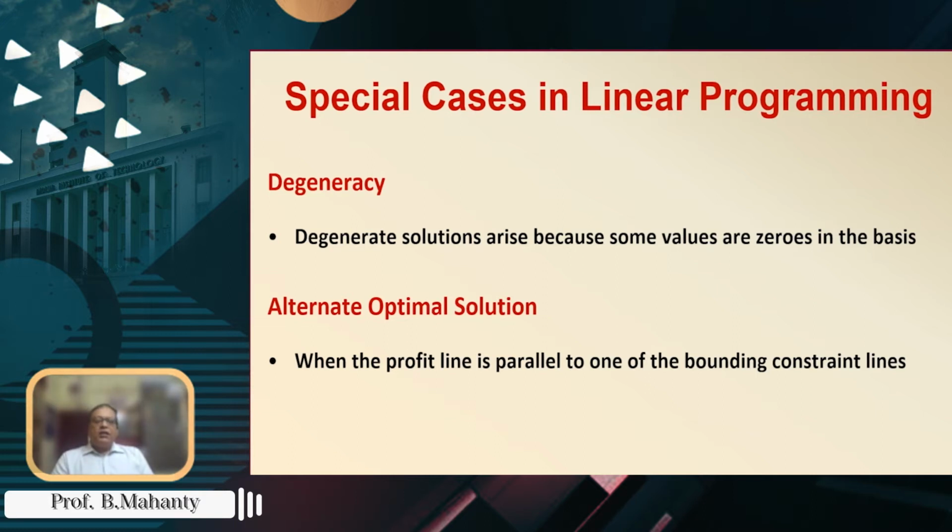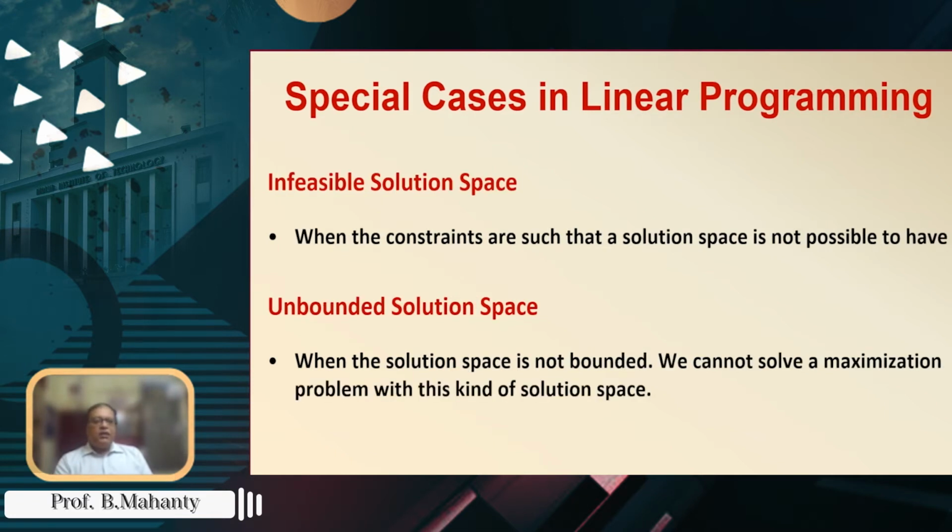So essentially there will be two basic feasible solutions, or even more than two, returned as alternate optimal solutions. And if those two basic feasible solutions are optimal and joined by a straight line, which is the bounding constraint line, then all points on that line also become optimal. So this is about the alternate optimal solution.